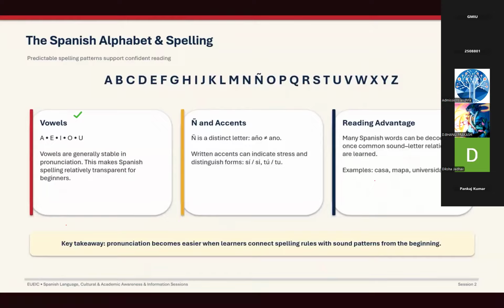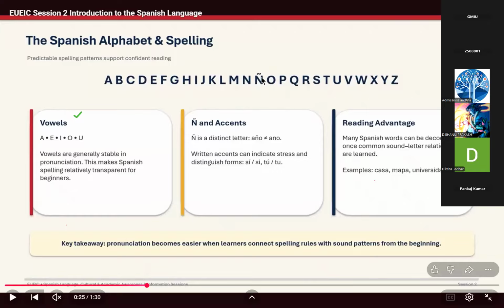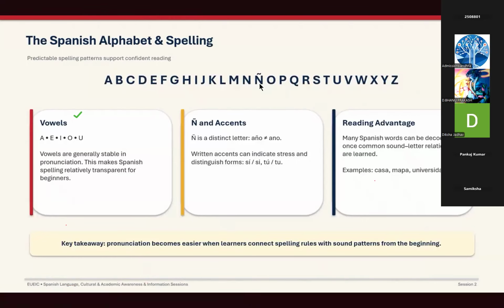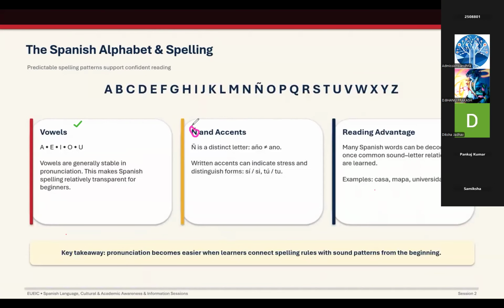You have A, B, C, D until Z. There is one letter very prominent to the Spanish language, the Ñ. It is used only in Spanish, and it gives you the sound of "nye." Other languages don't really have this letter.